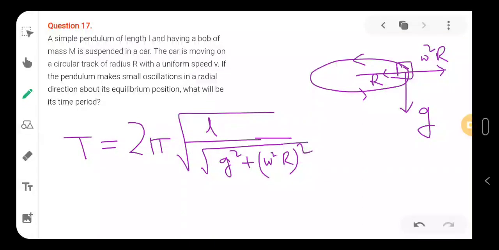We just have to use this formula out here, and that will be useful for us. So it does not matter whatever the mass of the object is. So the time period does not depend on the mass itself. So this kind of question we need to solve.